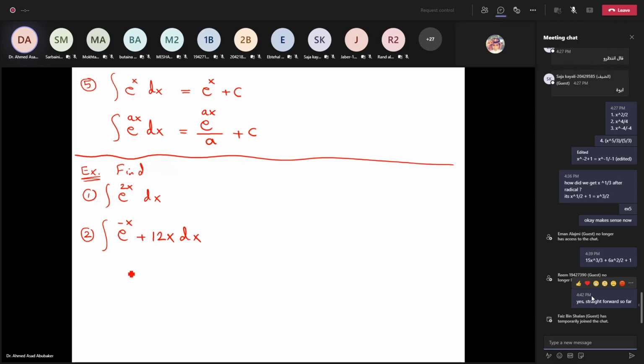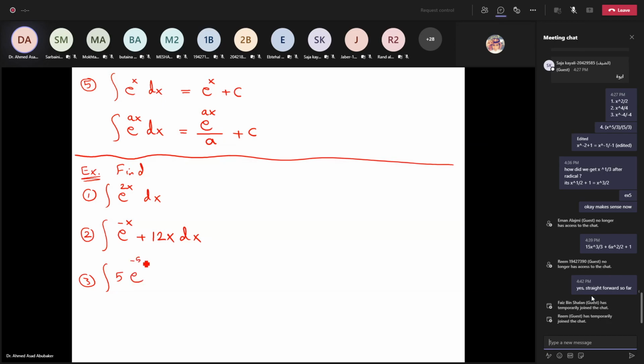Number 3, integral of 5 e to the power negative 5x over 3 dx. Number 4, integral of 9x squared minus 1 over e to the power 3x dx.